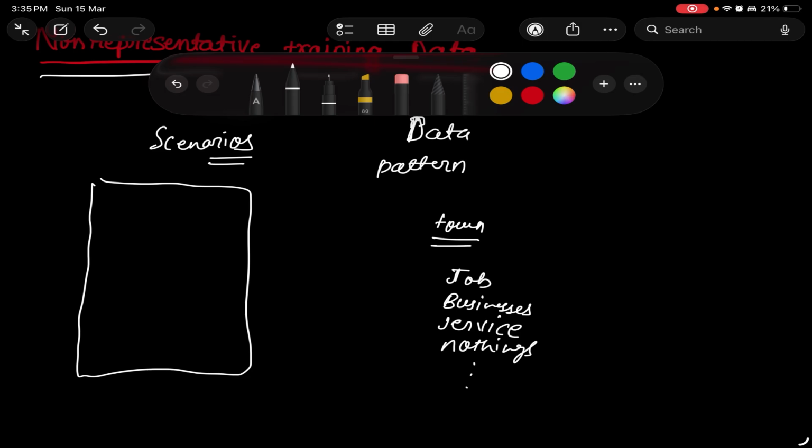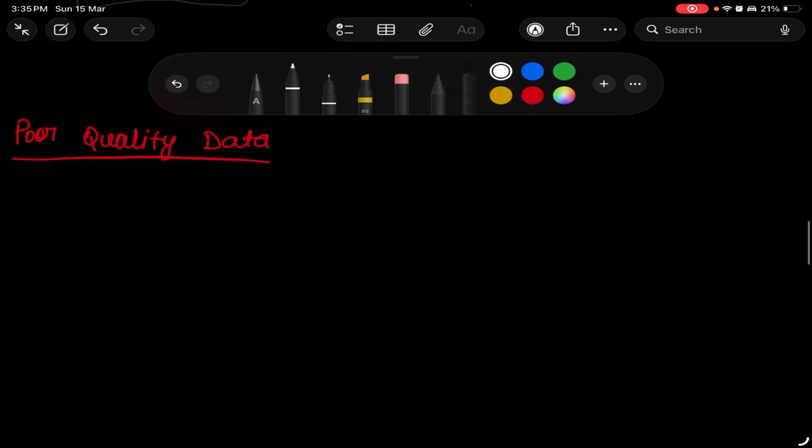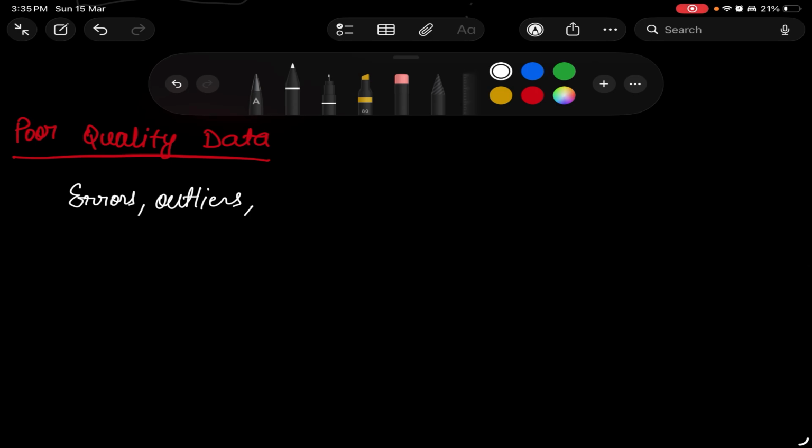Now moving ahead, we have poor quality of data. Even if we have sufficient data, if the data is noisy, has errors, or has outliers, it is very poor and does not have any quality, so it cannot detect patterns.